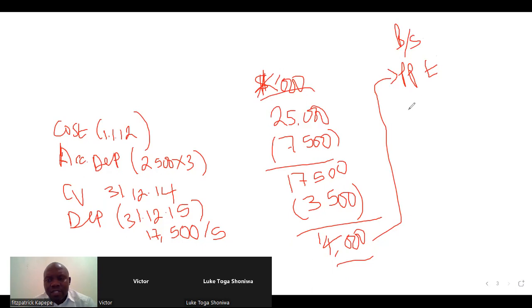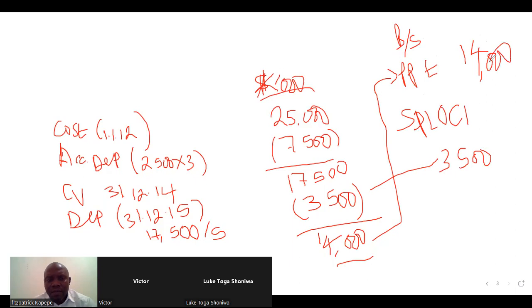Then what will go in the statement of profit, loss or other comprehensive income will be this 3,500, that's depreciation. Okay. Is it okay? Yeah.